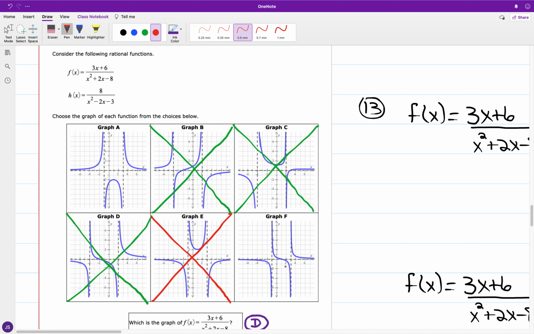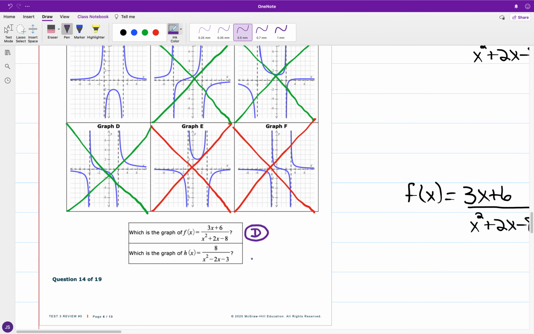And for the graph F on the y-axis, you have y barely positive when it needs to be down here. And so A is going to be the only one that is left standing. So A is going to be the graph that defines what we have for h of x.